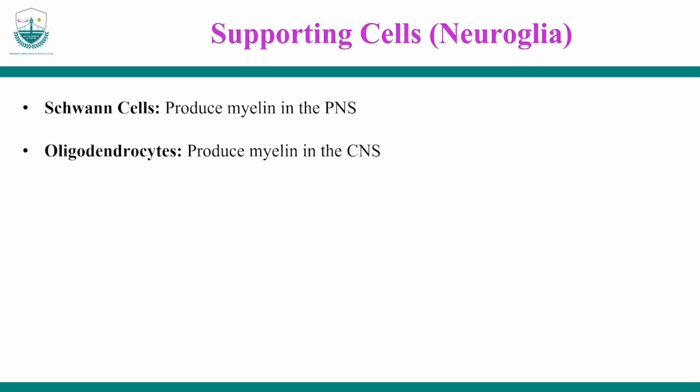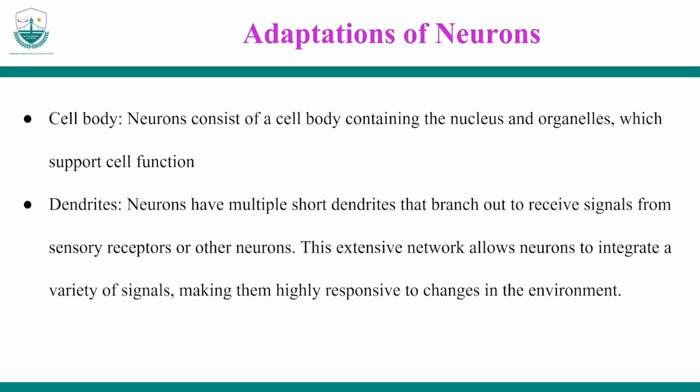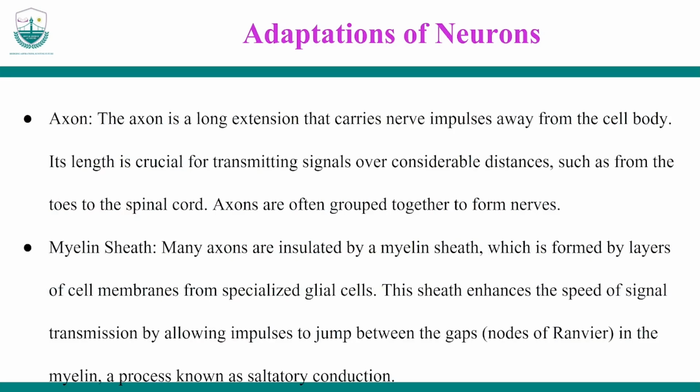And of course, the Schwann cells, we know that they produce myelin sheath. That is very important for insulation and also speeding up the rate of transmission of impulses in the peripheral nervous system. Now we have the oligodendrocytes, these are cells that produce the same myelin sheath, but this time they produce it in the central nervous system.